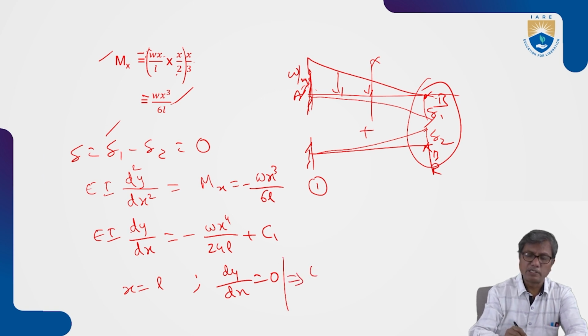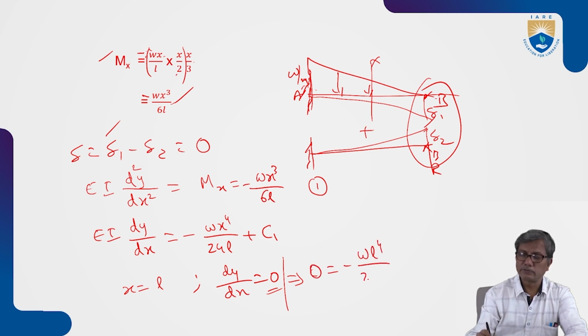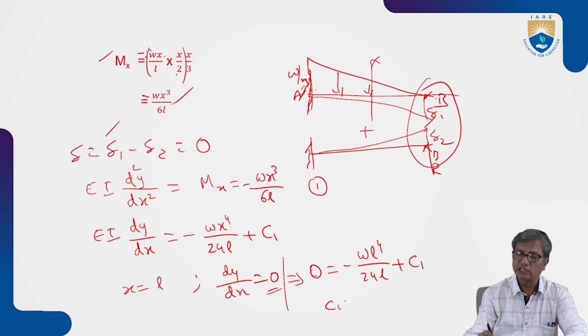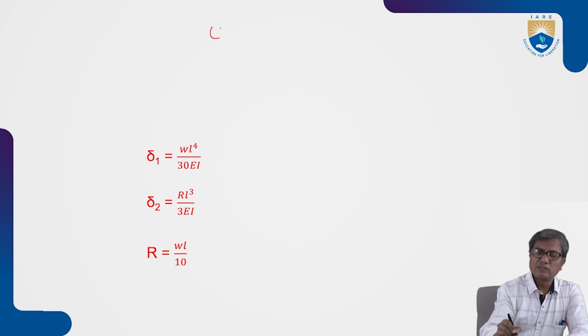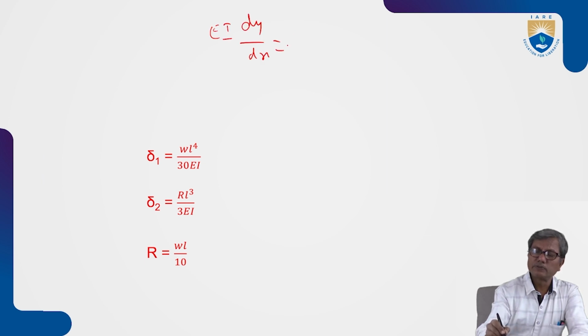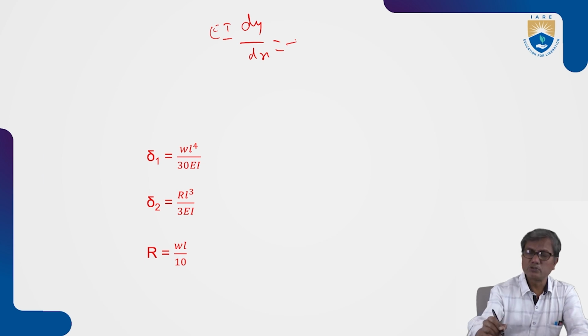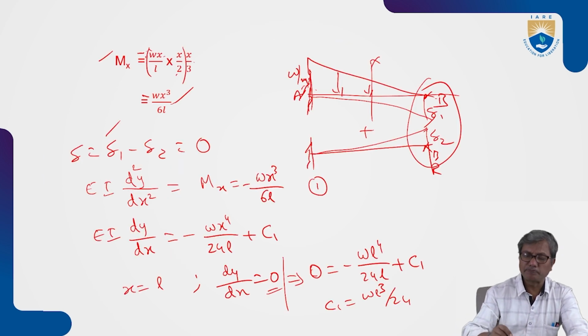EI dy by dx, that is dy by dx, is 0, so the left hand side will have 0, minus WL power 4 by 24L plus C1. Or C1 is equal to WL cube by 24. The equation will then be EI dy by dx equals minus Wx cube by 6L plus, what is C1?